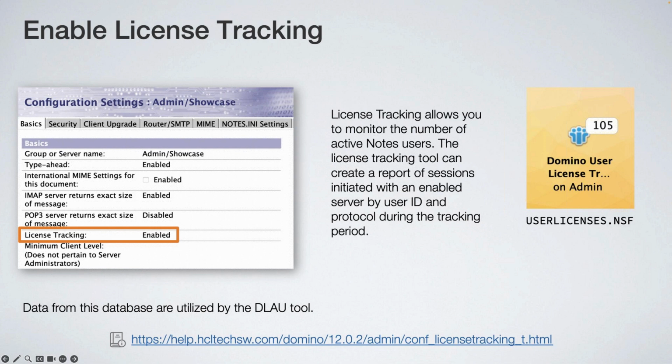It does not send anything to HCL, and I think it all stays locally. It is called license tracking, but more likely it should be called usage tracking or usage overview, because it tracks whether John Smith logged on to the server on a specific day.